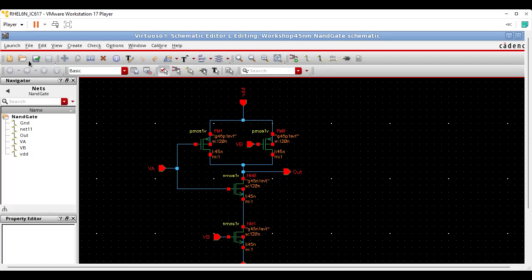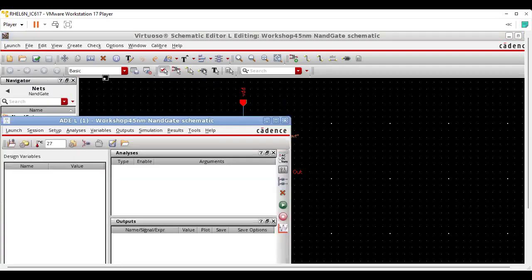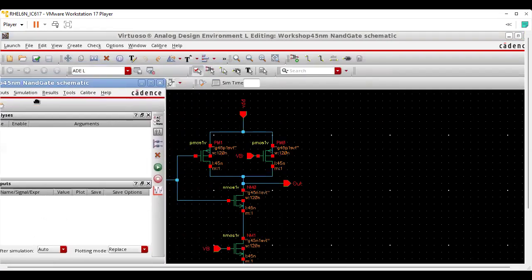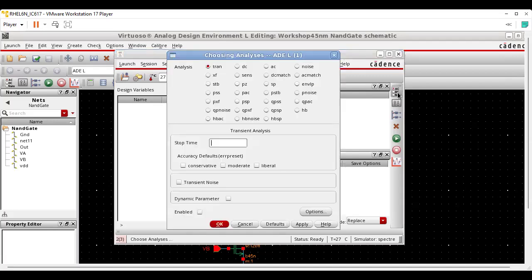Now please see how to use ADL in case of your digital cases. I have transient for, let me say, 80 nanoseconds.